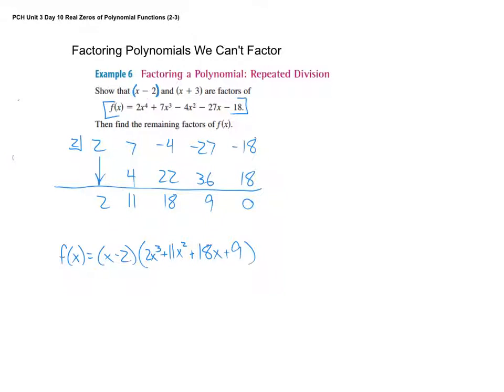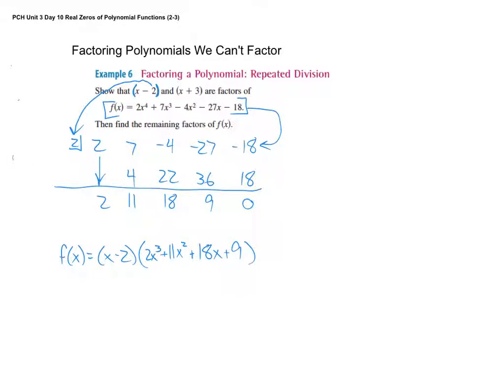I'm a little bit confused about what you just did? I took the original function here, wrote down my coefficients, all right? I'm using this factor right here. I'm going to divide it to see if it's a factor.